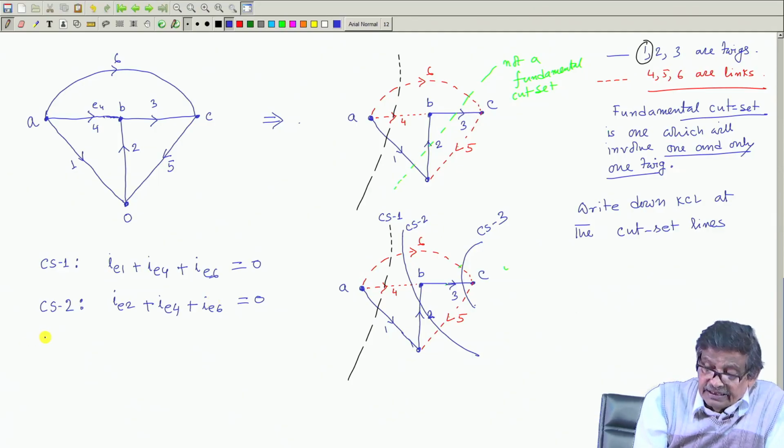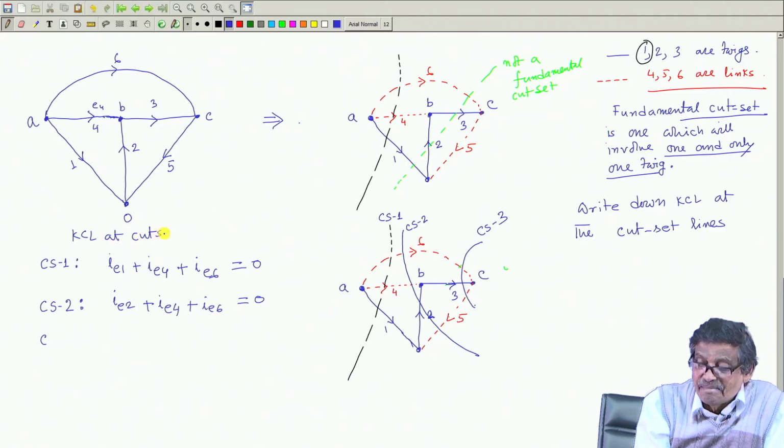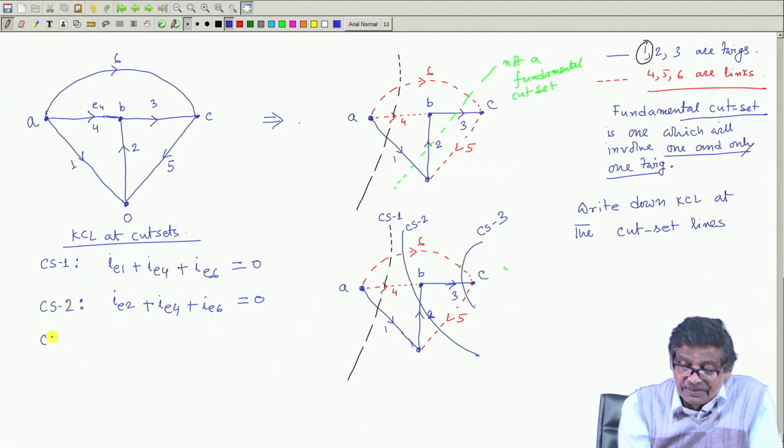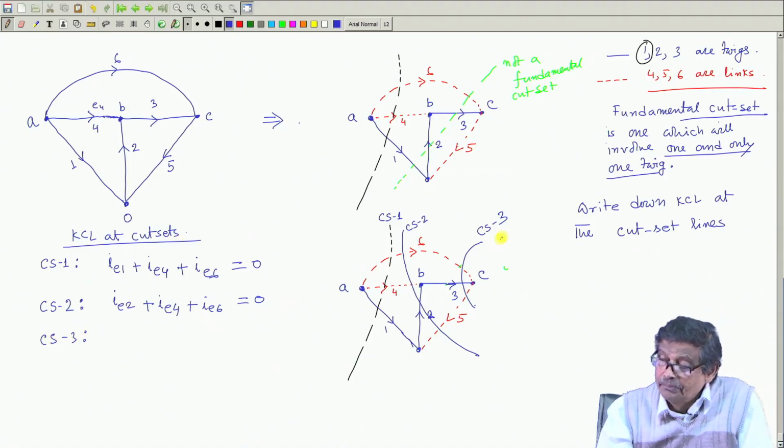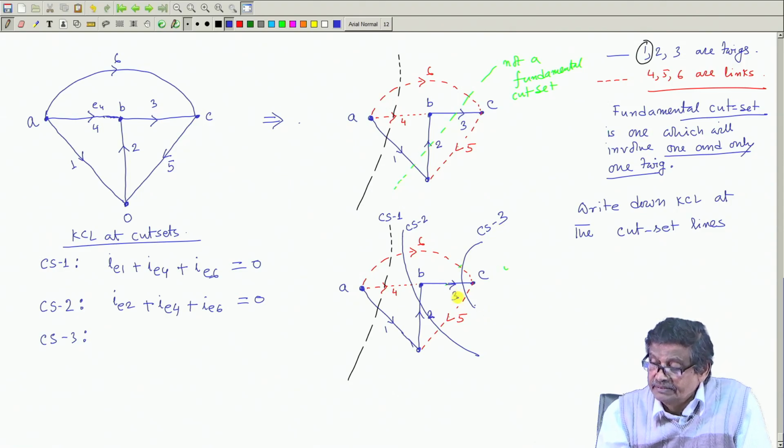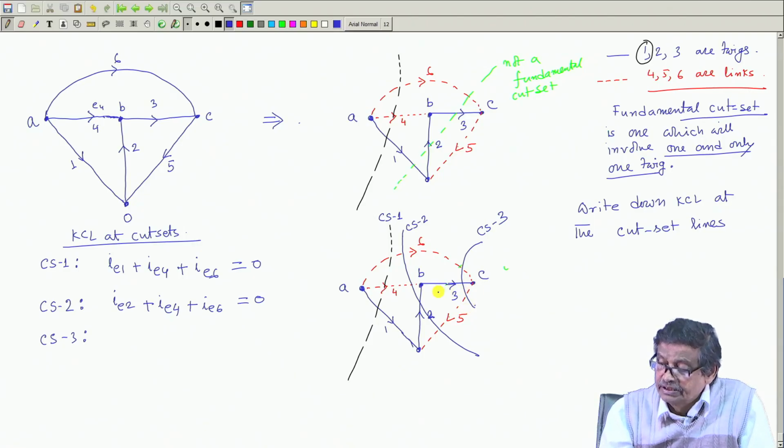Finally, I am writing KCL at cut set 3. What will be the KCL? So, here is the line. Twig 3 is the twig which is involved here, so that will decide the plus minus sign.